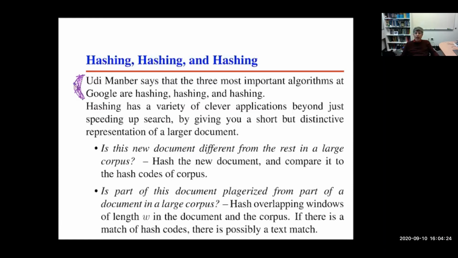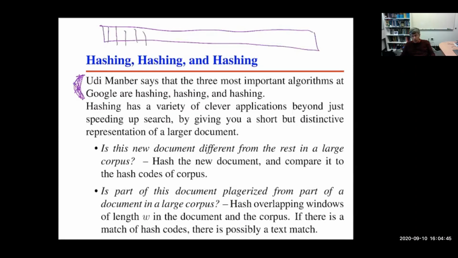How can it do that more efficiently? What if it builds a hash table? Let's think of it as a giant array of bits, just a Boolean array, and it has one bit for every possible hash code.